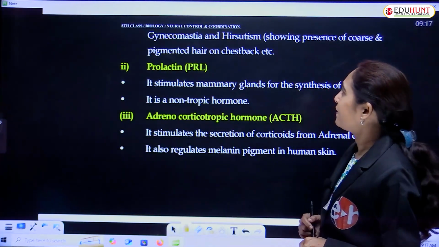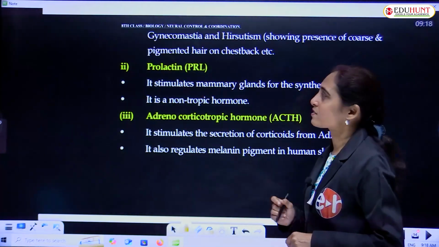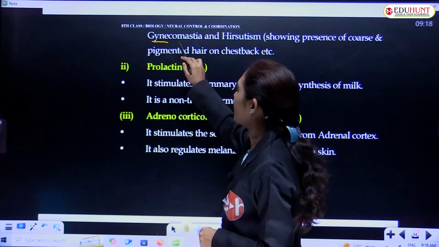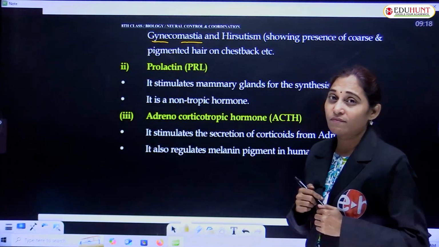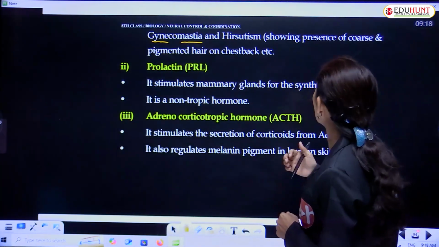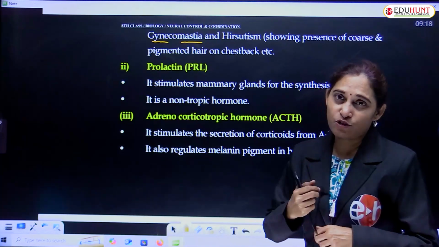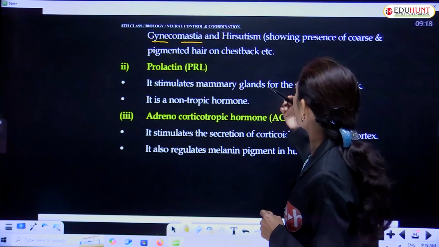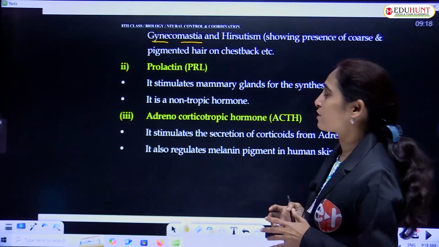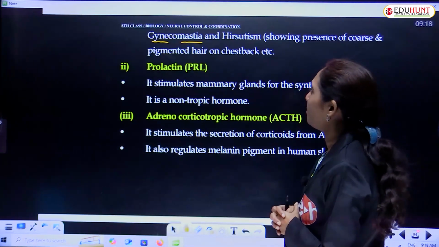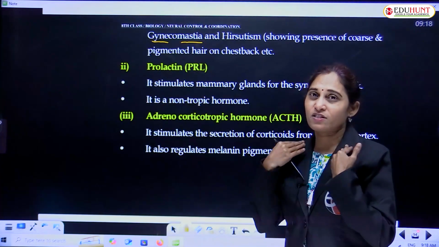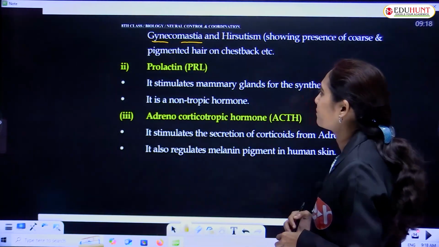Gynecomastia and hirsutism also occur. Gynecomastia is the development of female features in males, and hirsutism shows the presence of coarse, pigmented hair on the chest and even the back.